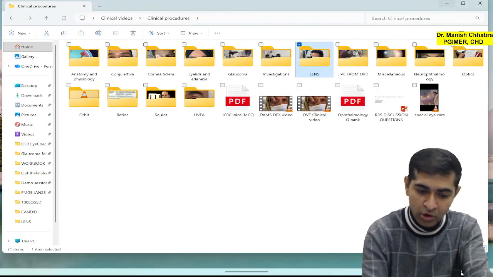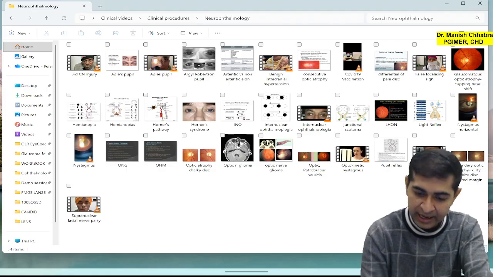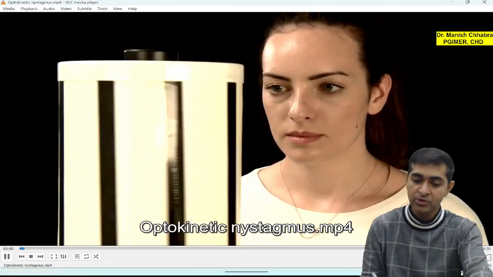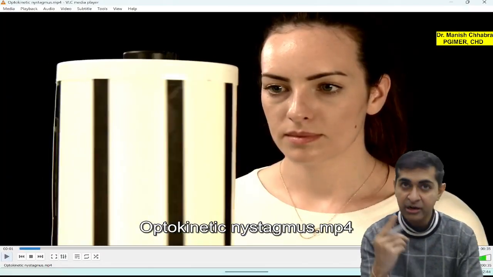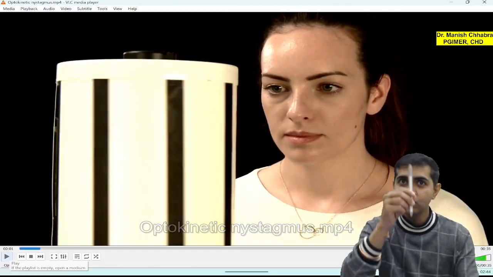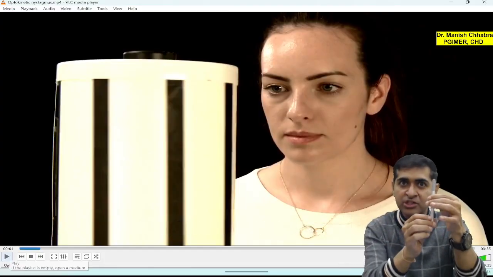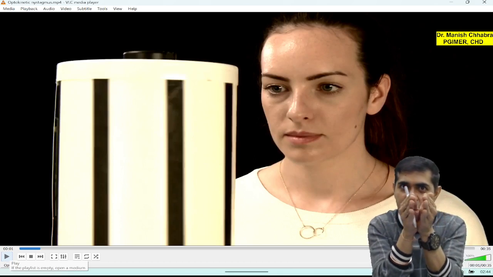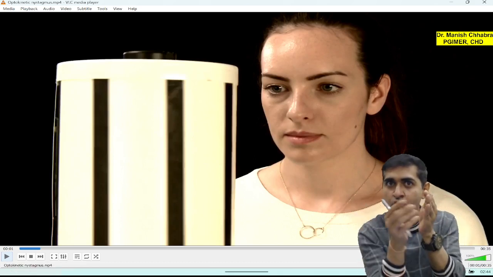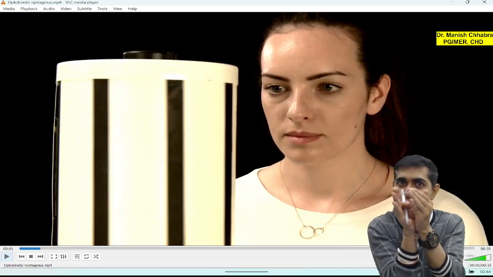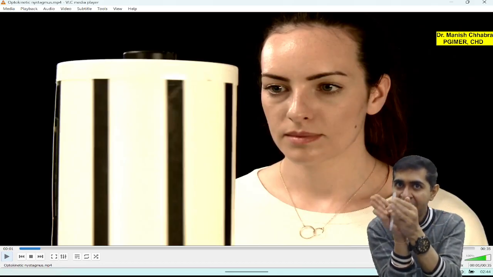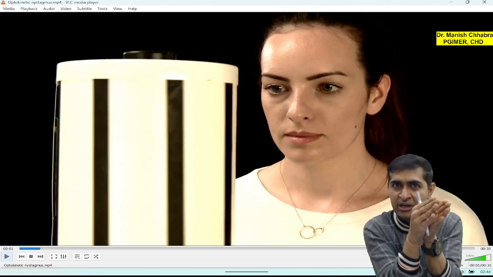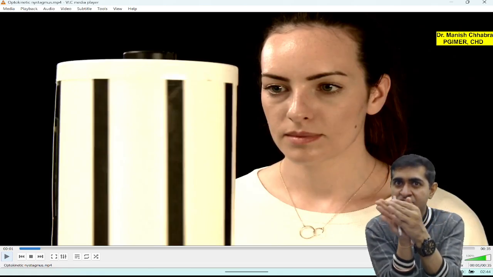So this is your optokinetic drum which you can appreciate. Check this out. You can see that there is a drum which is rotating, and the moment one black stripe is going, I am focused on this black stripe. The moment it rotates and goes back, I will shift my gaze to a new black stripe, back again black stripe, or vice versa, white stripe back, white stripe back.